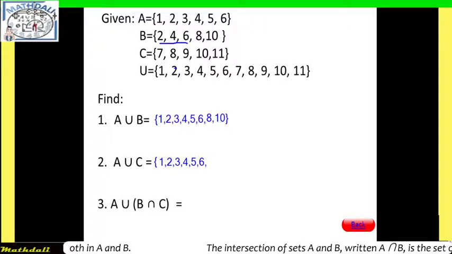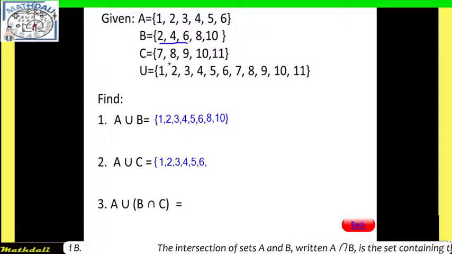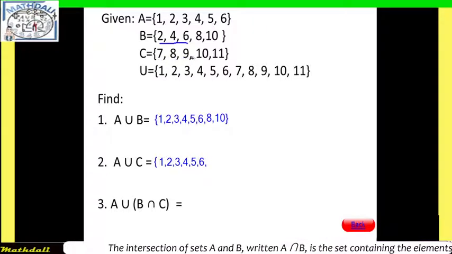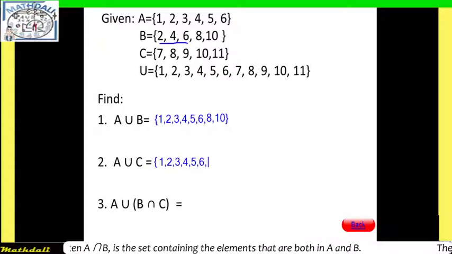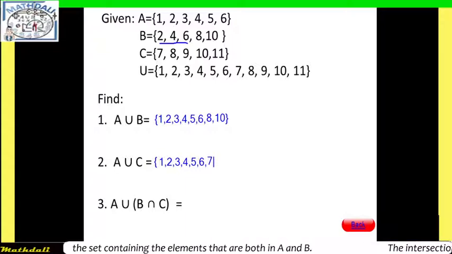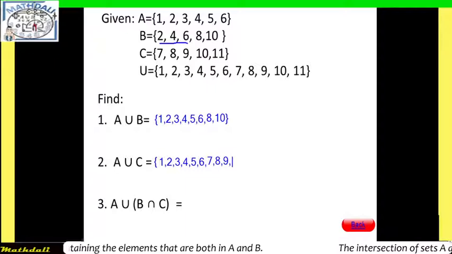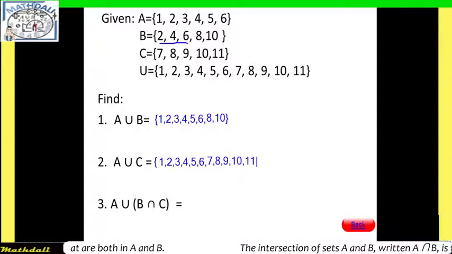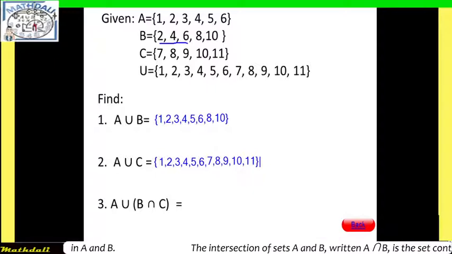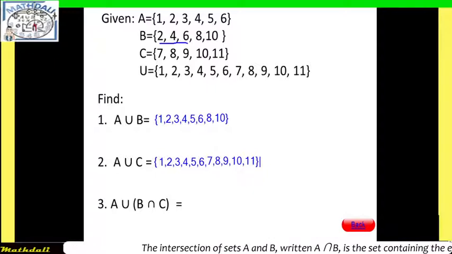Okay, then we have the elements in set C. We have 7, 8, 9, 10, 11. So, ilalagay din natin dito. That is 7, 8, 9, 10, and 11. Okay, so yan yung ating union.